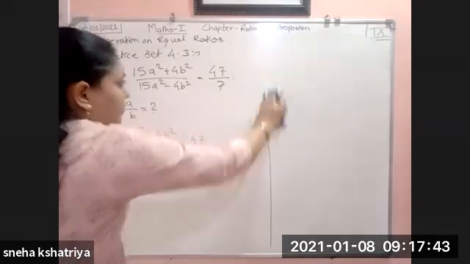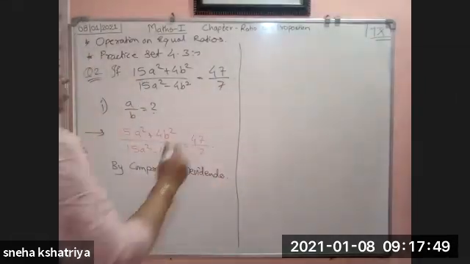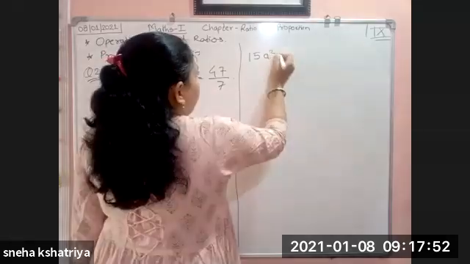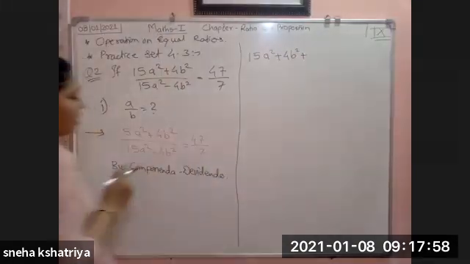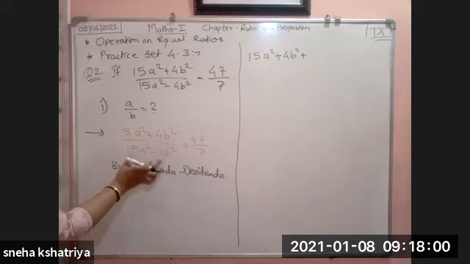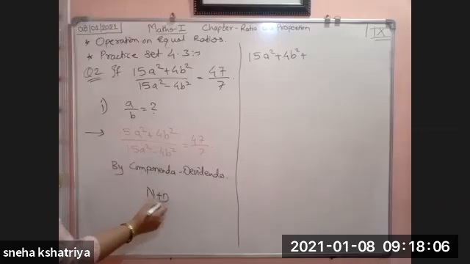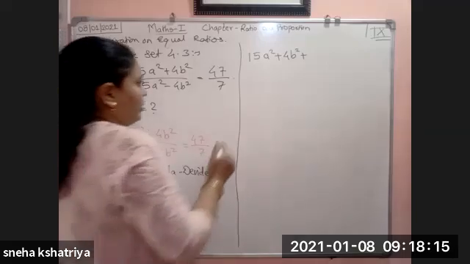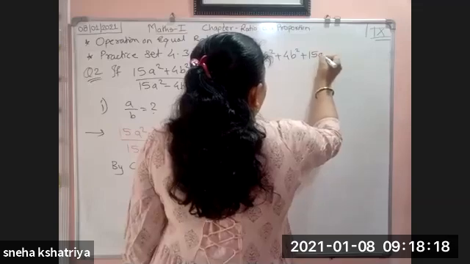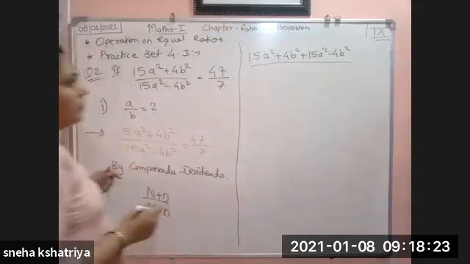I'll write it. Numerator and denominator: we have to use componendo dividendo, n plus d divided by n minus d. So in the numerator we add the denominator, and in the denominator we subtract the denominator. So the numerator becomes 15a square plus 4b square plus 15a square minus 4b square.